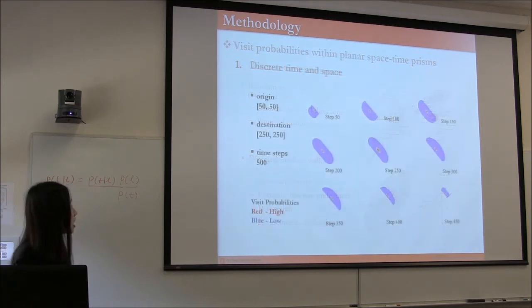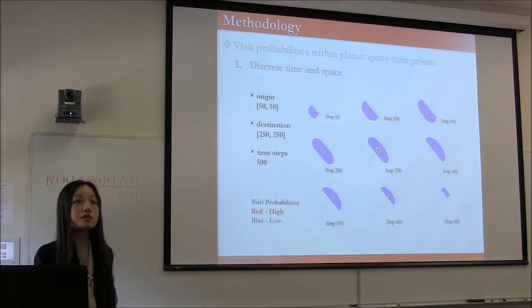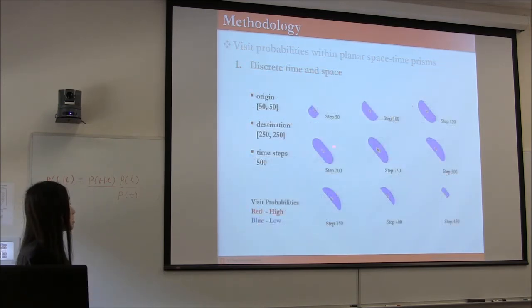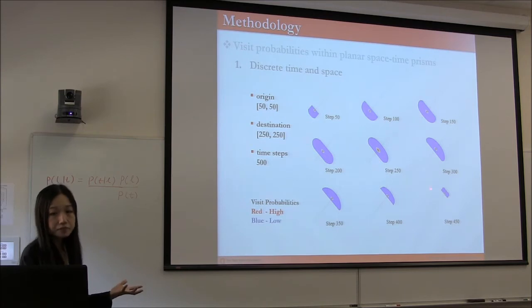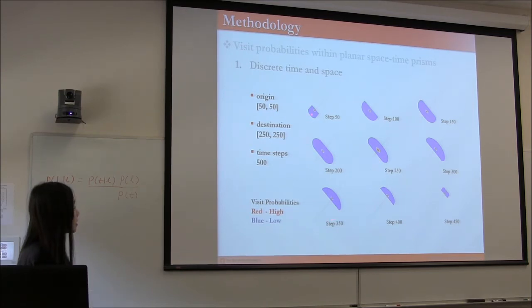This is a sample simulation result we got. As you can see, the accessible locations arise naturally, and we have higher probability along the direct link between the origin and destination.